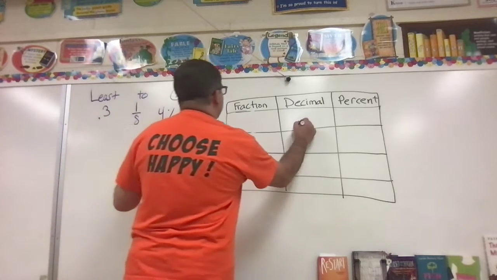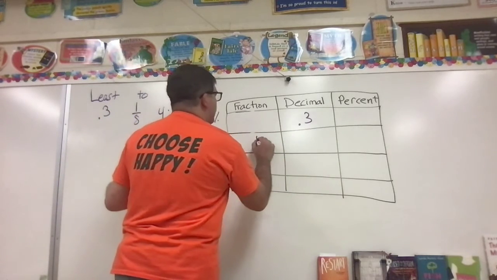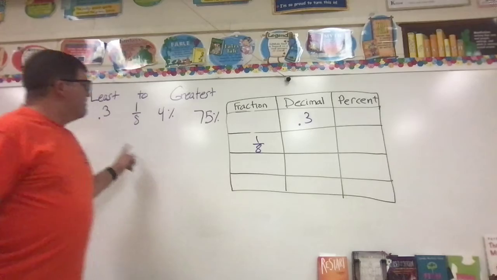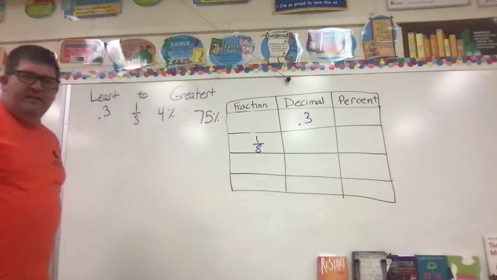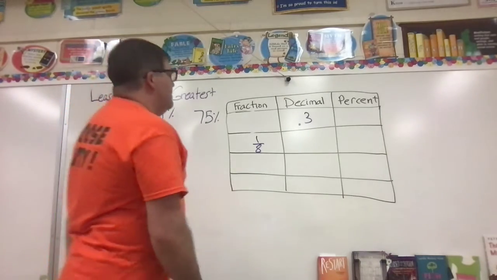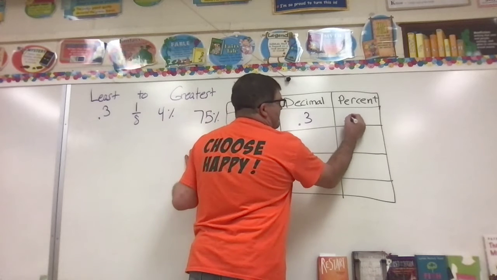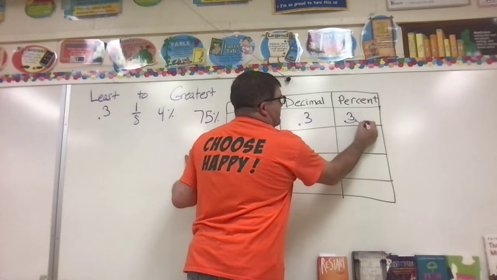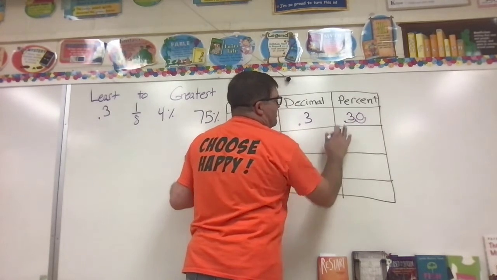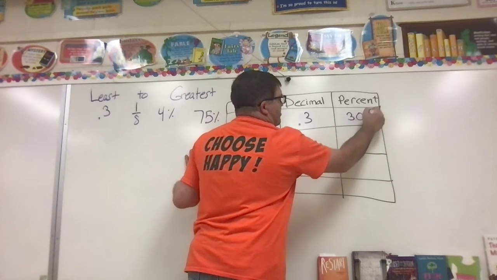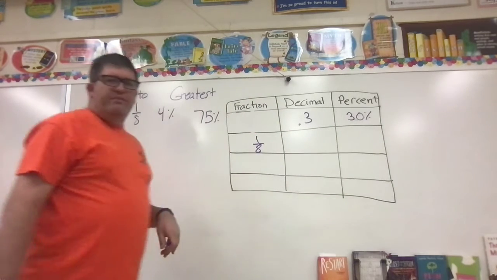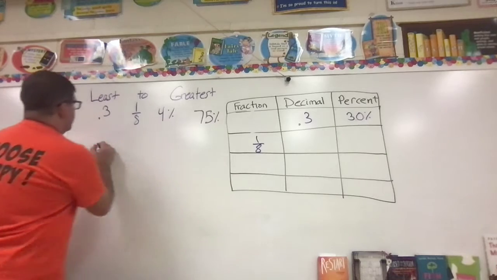So I have to get 0.3 and then 1/8. I need to get those to be a percent, and then I'll be able to compare them. 0.3, I write it over here. Then I go over 1, 2. I have to put a 0 there, and then I put my percent symbol. 0.3 is the same as 30%.